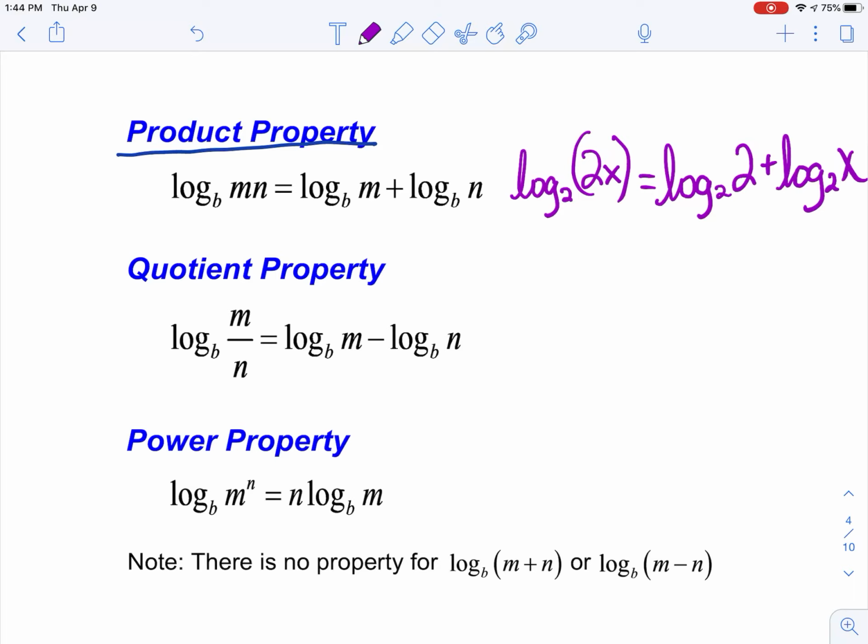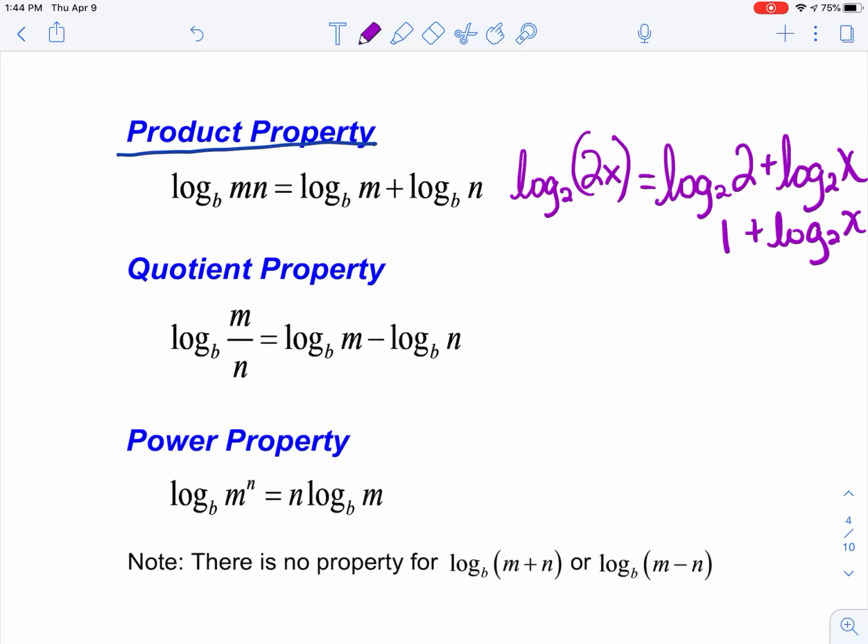Okay? And then you could actually reduce that, because what's log base 2 of 2? 2 to what power is 2? That would be 1. So my answer would be 1 plus log base 2 of x.